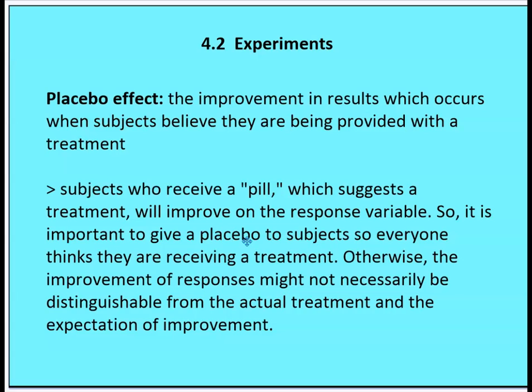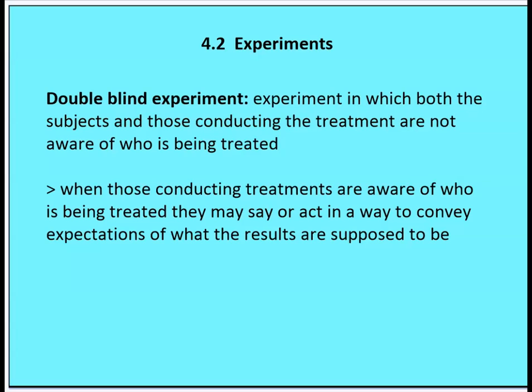So for the hormone example, perhaps we give everybody a pill. Everybody goes to the doctor, but no one knows what that pill contains except the experimenters. All right, a double-blind experiment is one in which both the subjects and those conducting the treatment, for example the doctors who are prescribing the medicine and checking up on the women who take hormones, are not aware of who is being treated.